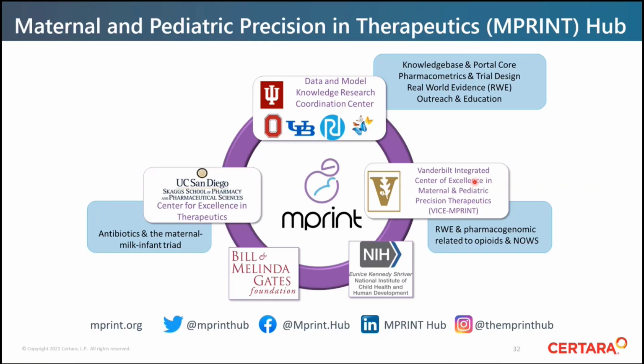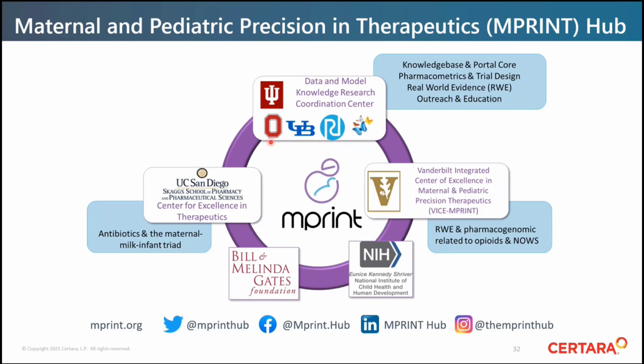So one of the groups that's working on this: as mentioned, I'm the principal investigator of the Maternal and Pediatric Precision and Therapeutics Hub Data Model Knowledge and Research Coordination Center. This is an NICHD funded network with Indiana University and Ohio State University leading the coordination center.